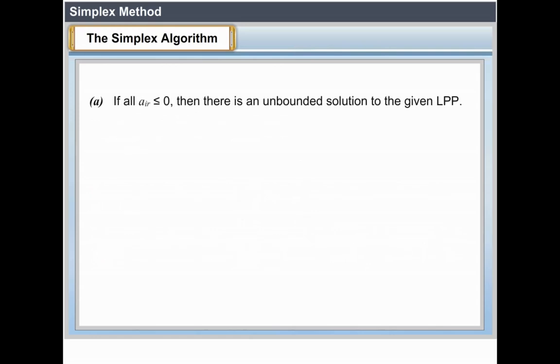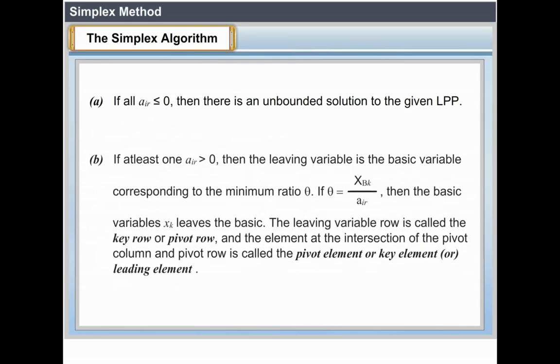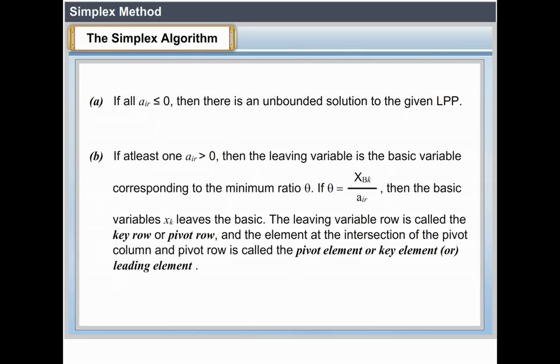Subdivision A. If all air less than or equal to 0, then there is an unbounded solution to the given LPP. Subdivision B. If at least one air greater than 0, then the leaving variable is the basic variable corresponding to the minimum ratio theta. If theta equal to xbk divided by air, then the basic variable xk leaves the basis.